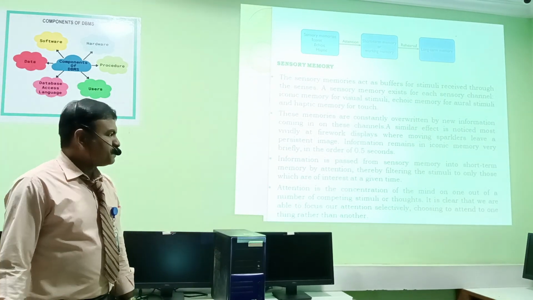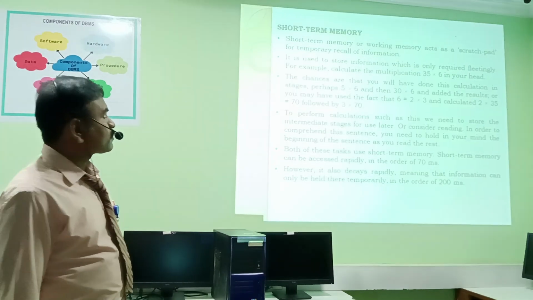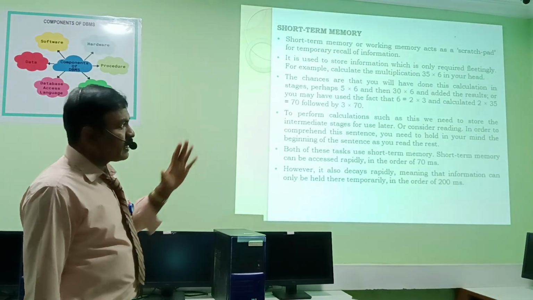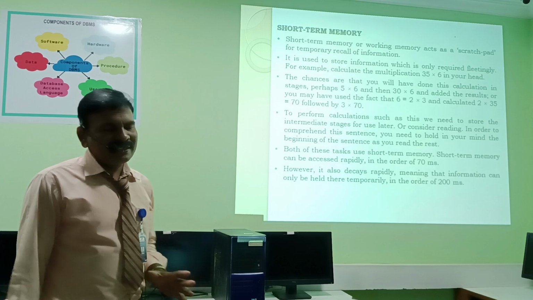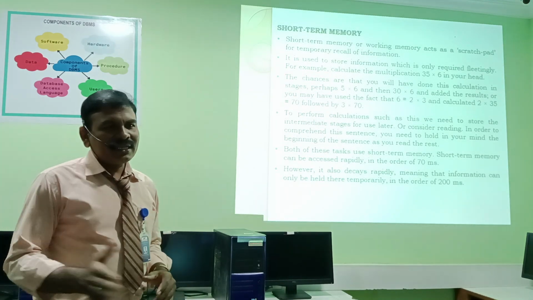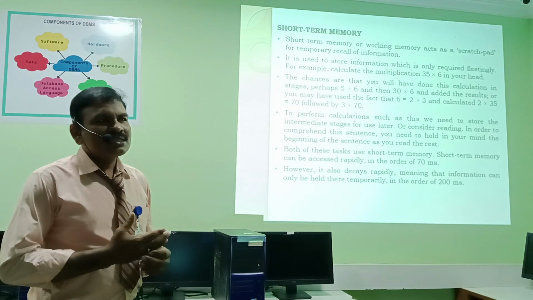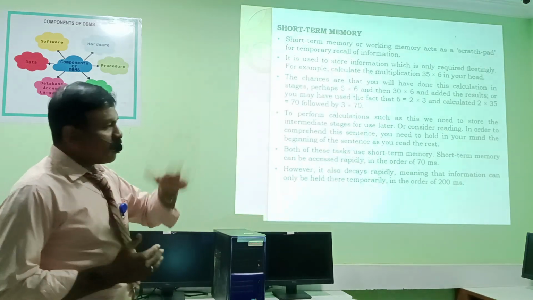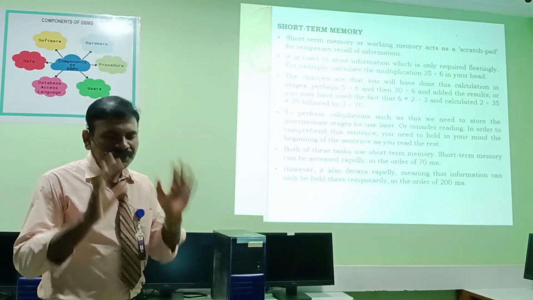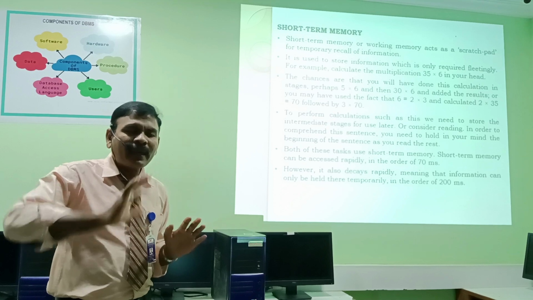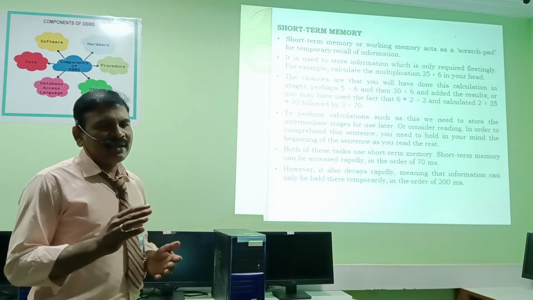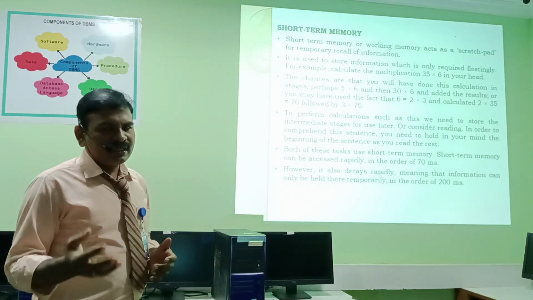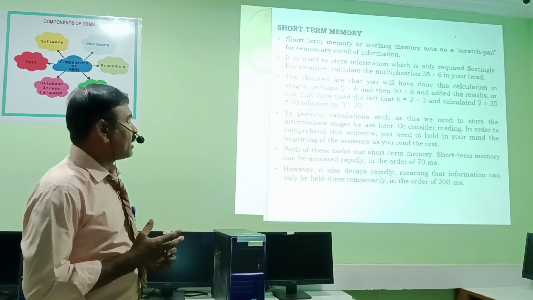Then next. Short-term memory acts as a scratch pad. Let us move to the next slide. It is like a temporary recall of information. The buffer is available, but it is not permanent. The data will be available there only for a particular duration of time.